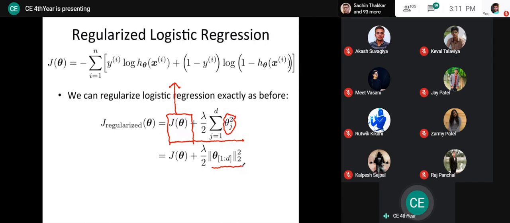Can anyone recall what is cross entropy, or what is cross entropy loss? Before going towards the third part, that is gradient descent, can you recall what is cross entropy? Or in another sense, let's make it simple. What is the entropy?